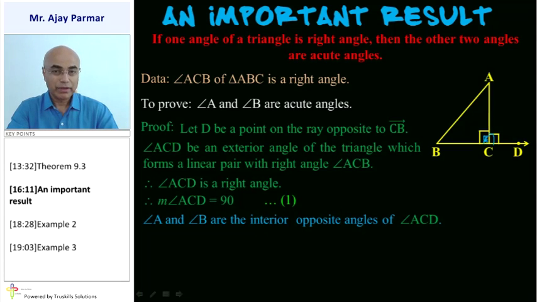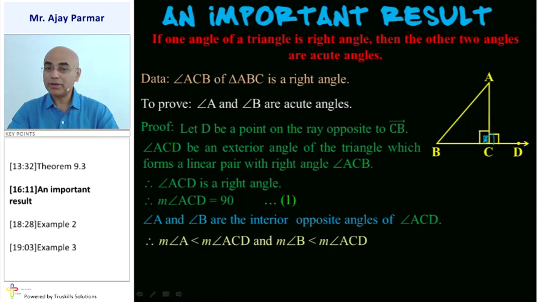What did it say? That the measure of the exterior angle is always bigger than the measure of the interior opposite angles. So over here we can say that measure angle A is less than measure angle ACD, and in the same way measure angle B will also be less than measure angle ACD. But what is measure angle ACD? That is 90.